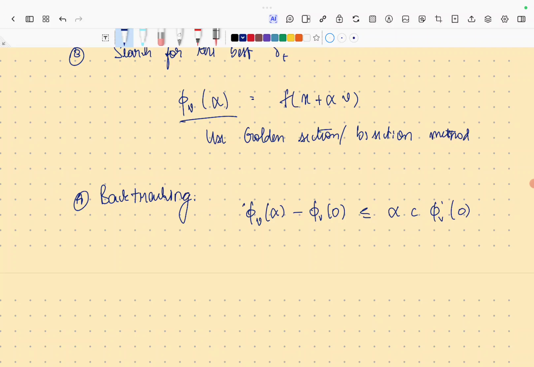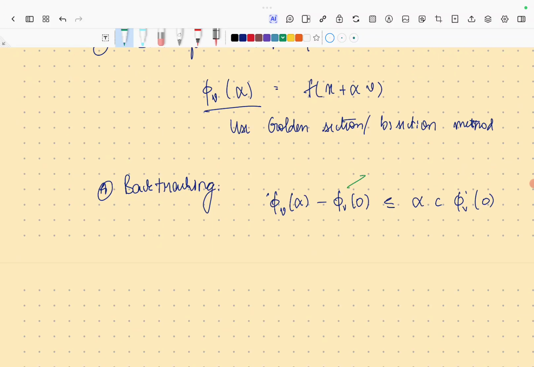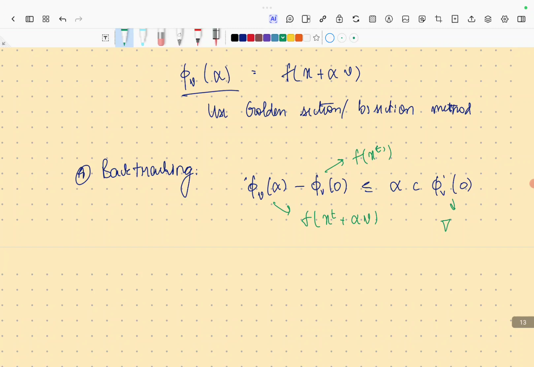So remember that phi v of alpha is nothing but f of xt plus alpha v, and the derivative of phi v at 0 is the gradient of f of xt inner product with v.